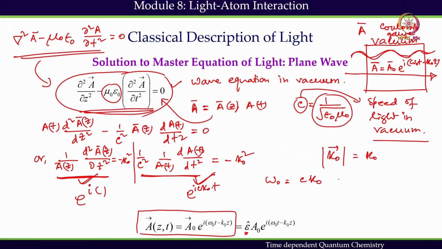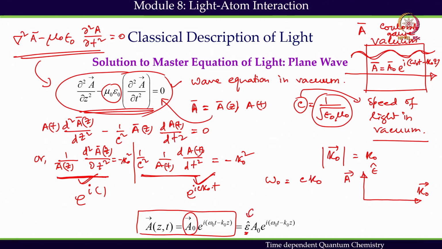Along the direction where A is changing, this is the propagation direction, and the unit vector along the direction where A is changing is called the polarization direction. So the unit vector along the polarization direction is the epsilon cap.